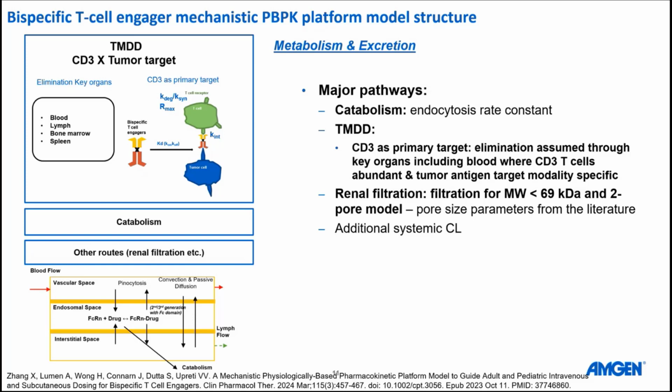Another thing is we're also planning to connect this platform model to PD. It depends on the modality. We will need the full PBPK model structure so we can specify the key organ or even include an additional tumor compartment in the model. So that's the reason we're developing this using a full PBPK model structure.